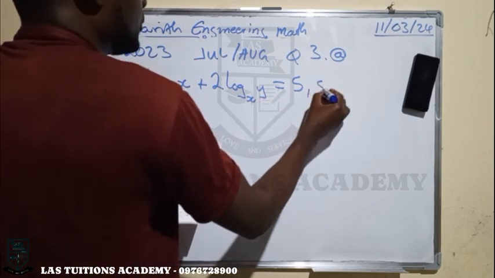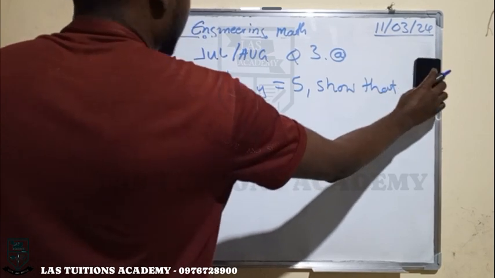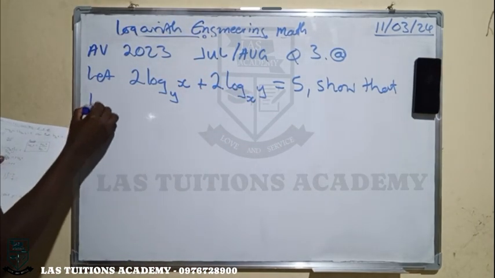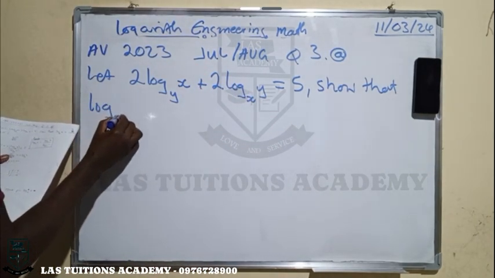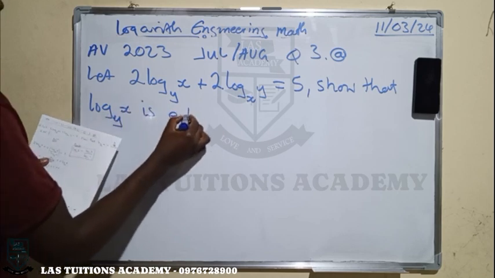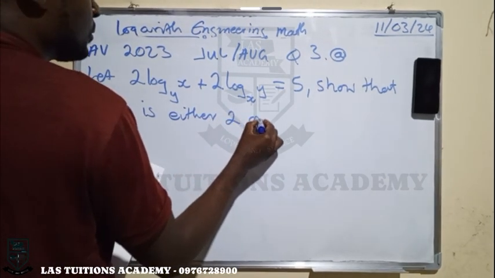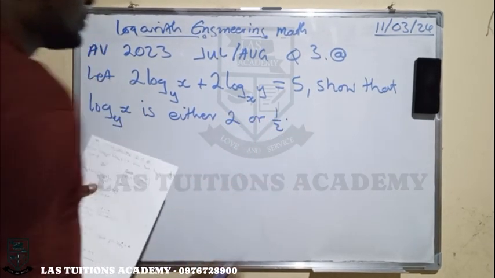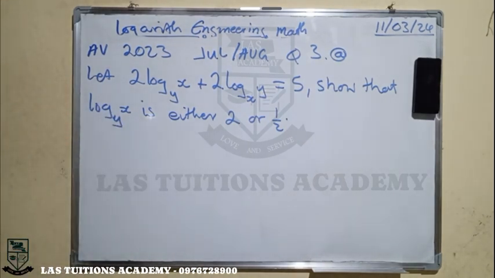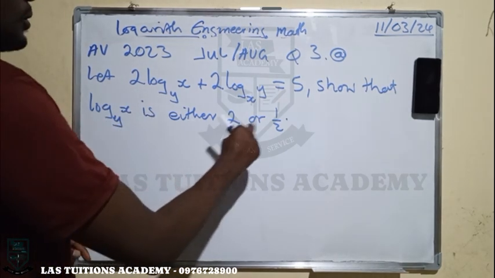So show that log x to base y is either 2 or 1/2. So we have that question there. So we need to show that log x to base y is either 2 or half.